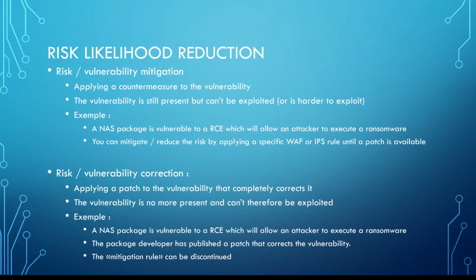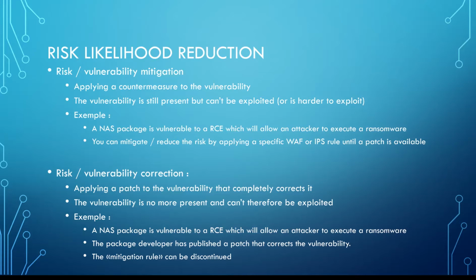So for the risk likelihood reduction, you've got the mitigation and the correction. For the vulnerability or risk mitigation, you're going to apply a countermeasure to the vulnerability. So the vulnerability is still present, but it can't be exploited or is harder to exploit.